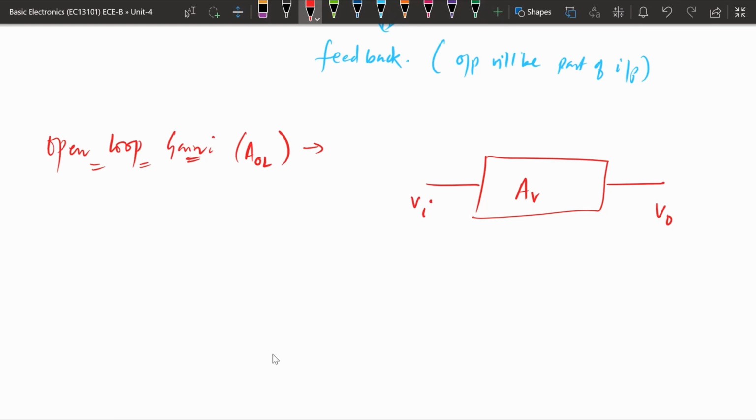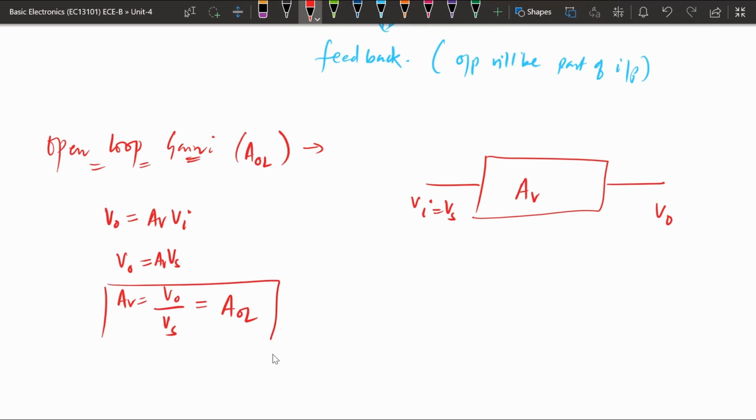If we are talking about the open loop gain, the output voltage is AV multiplied by the input voltage, and suppose the input voltage is Vs. So V output will be equal to AV multiplied by Vs, or AV will be equal to V output divided by Vs. Without any feedback or loop, it will be AV, which is nothing but the AOL, that is the open loop gain.